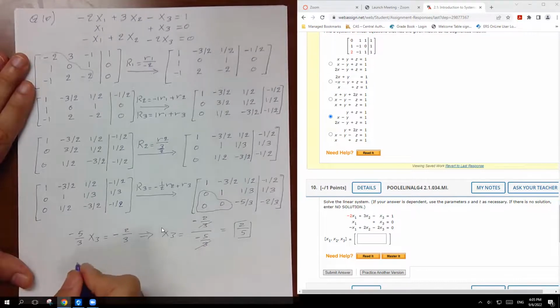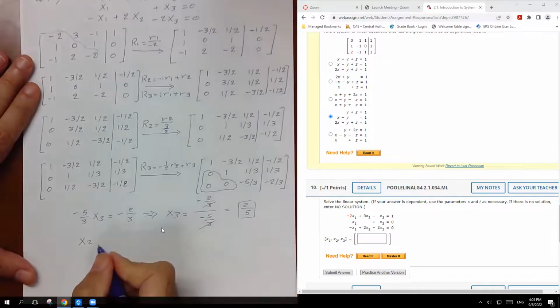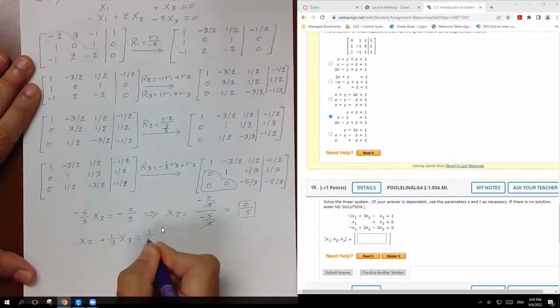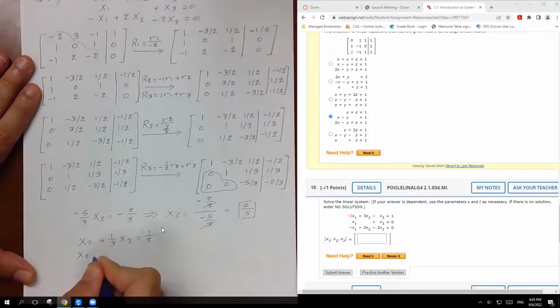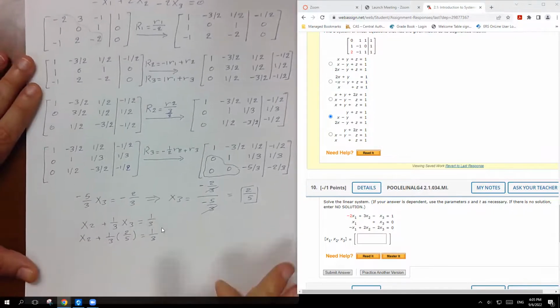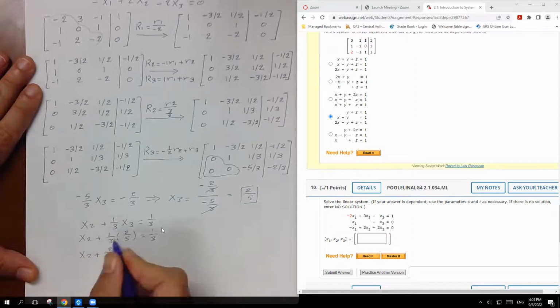Plug in x3 in the second one. The second one says x2 plus 1/3 x3 is going to be equal 1/3. That means x2 plus 1 over 3 times 2 over 5 equal 1 over 3. So x2 plus 2 over 15 equal 1 over 3.